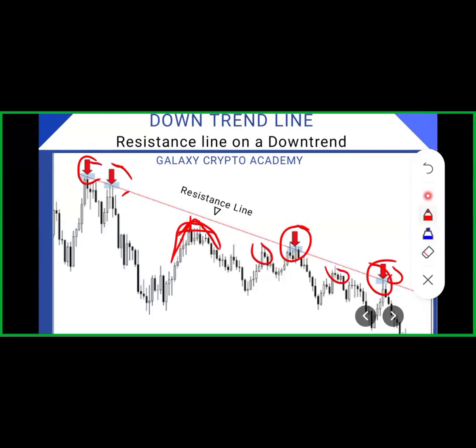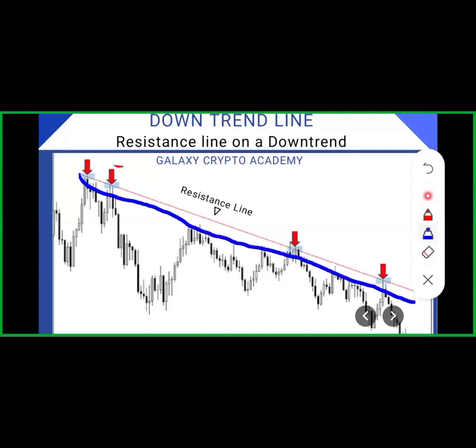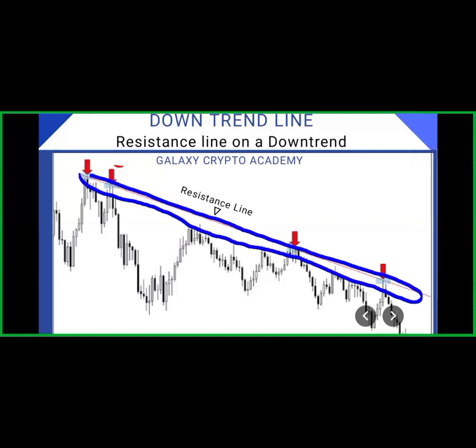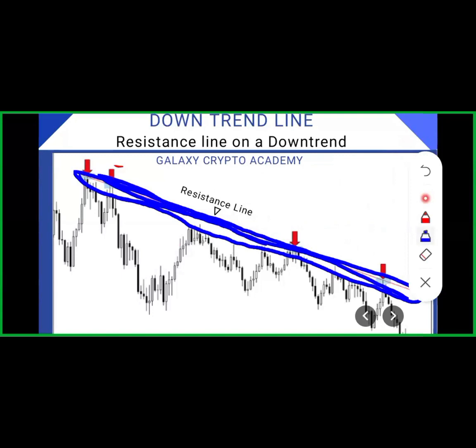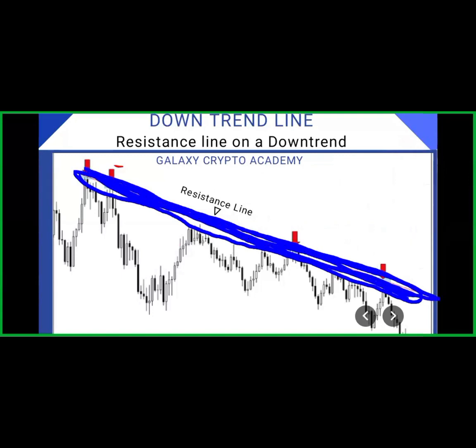But if you are taking into consideration an area, then all of this area has been taken into account. It becomes a resistance area. It is key in causing a reaction of the price once it approaches it.